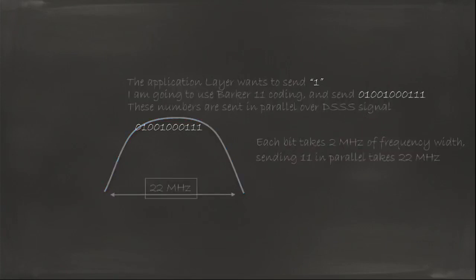Okay, so that's nice. And by the way, as we are at the naming convention, things that you may want to remember. The one that you want to send initially, that's the data that you want to send. Okay, that's easy. When you convert that data into that long series of 11 bits, what you get is a series of chips. So when you talk about data, it's the real data you want to send.